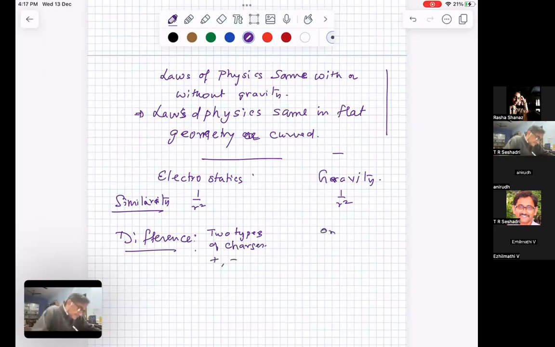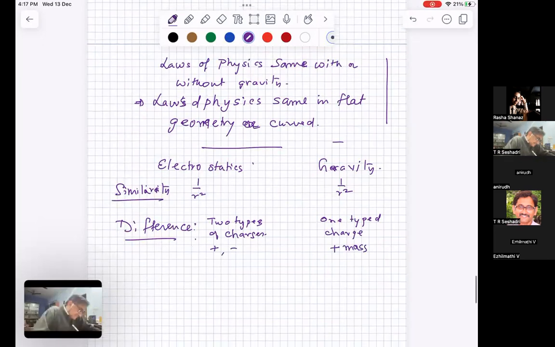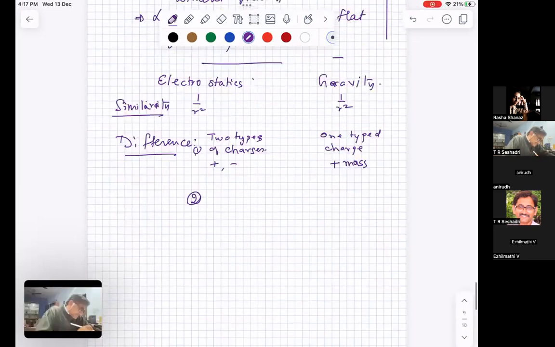Here you have only one type of charge, which is positive mass. There is nothing called a negative mass. And the second is like charges repel. Here, like charges attract.